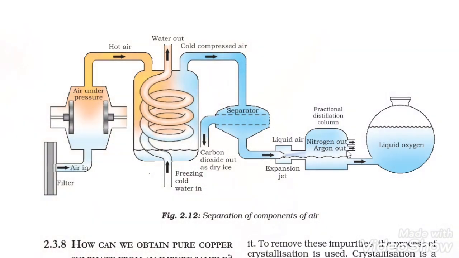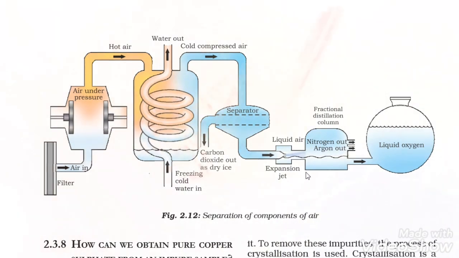And at last the oxygen gas will boil out because it has the highest boiling point of these three gases. Amongst nitrogen, argon and oxygen, oxygen has the highest boiling point, so it will come out at last. So from here the oxygen will come out, and in this way, with the application of the fractional distillation process, we can separate the different components of air.